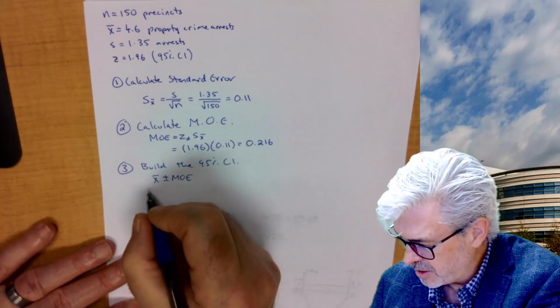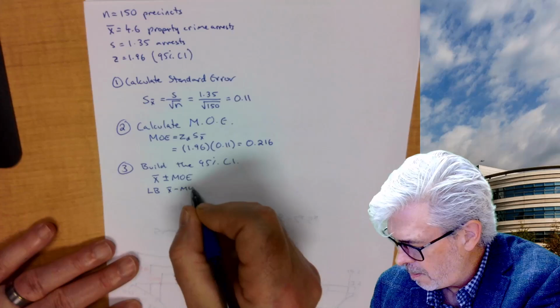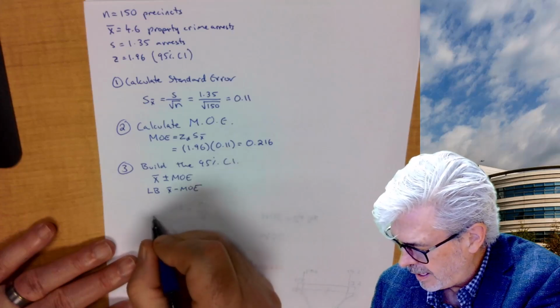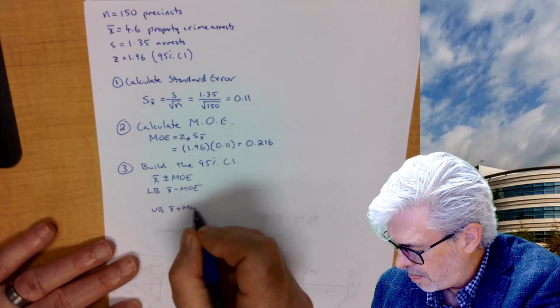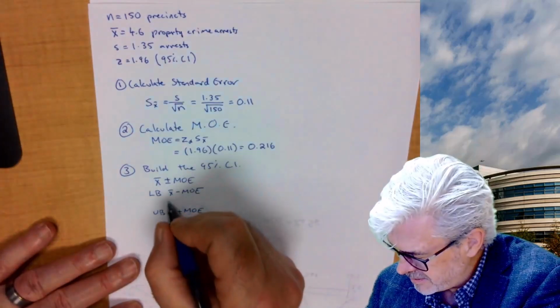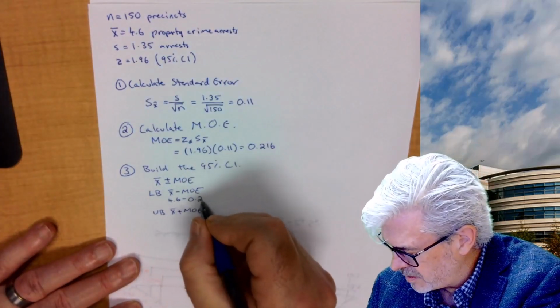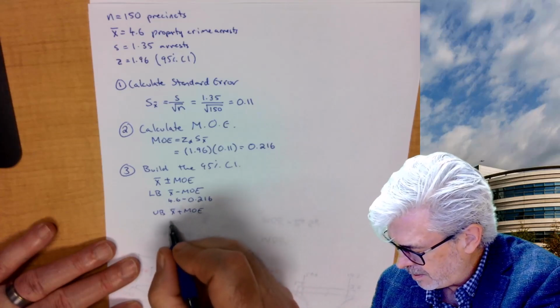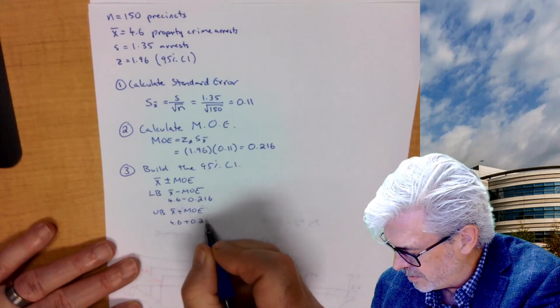So there's a lower bound of x bar minus Mo and an upper bound of x bar plus Mo. Our x bar, we had 4.6 arrests, minus our margin of error of 0.216, and the upper bound is 4.6, our mean, plus our margin of error of 0.216.